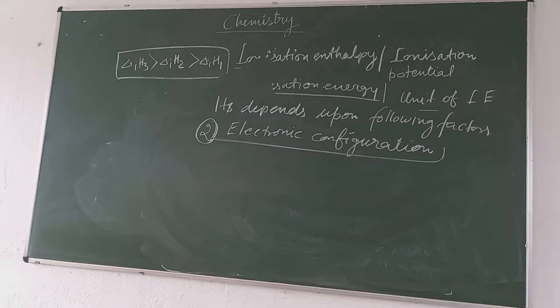Atoms and ions having stable inert gas configuration have high ionization enthalpy. In a period, an inert gas has the highest ionization enthalpy due to its stable inert gas configuration, meaning completely filled.